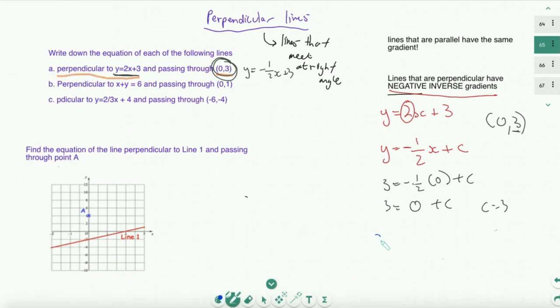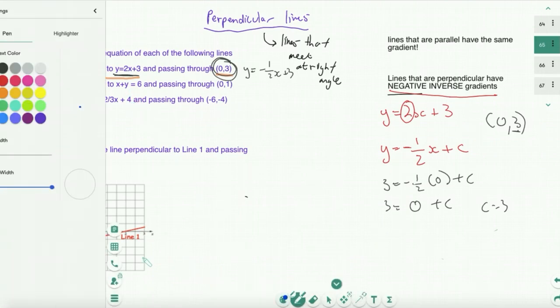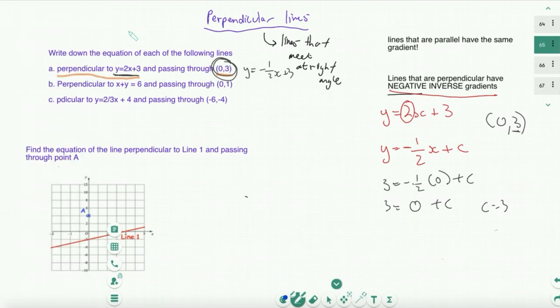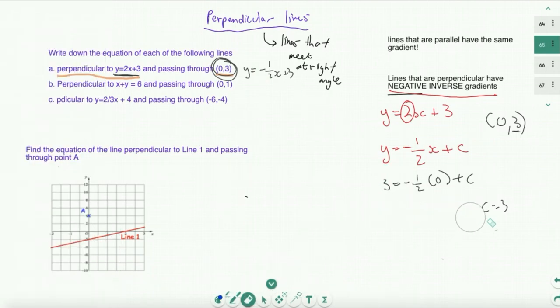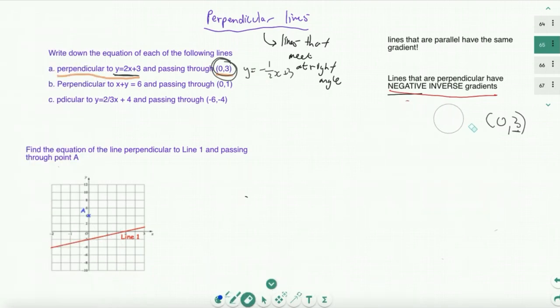Find the equation of the line perpendicular to x plus y equals 6 and passing through (0, 1). So our equation is x plus y equals 6. The problem here is that this line is not in y equals mx plus c format.